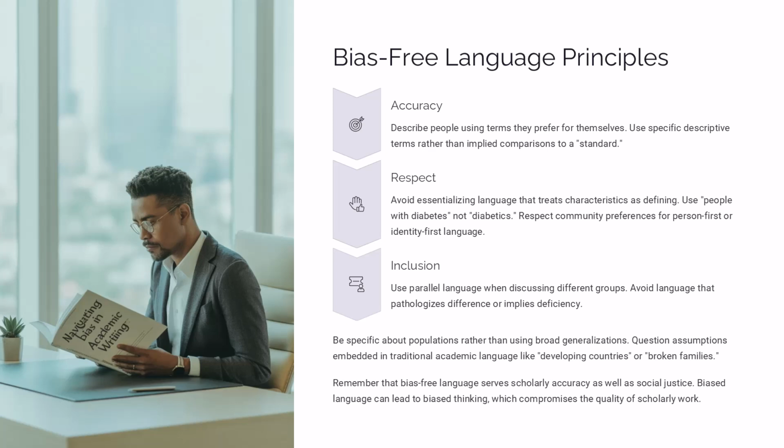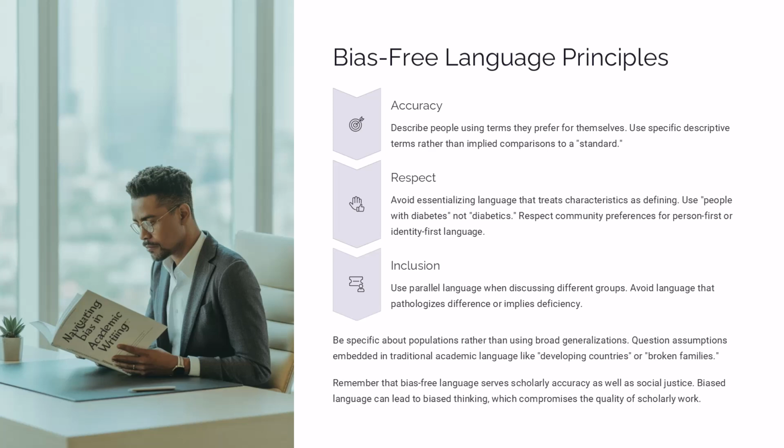Avoid language that presents one group as the standard against which others are measured. Instead of non-white participants, specify the actual racial or ethnic identities of your participants. Instead of non-traditional students, describe the specific characteristics you're discussing, such as students over age 25 or part-time students.